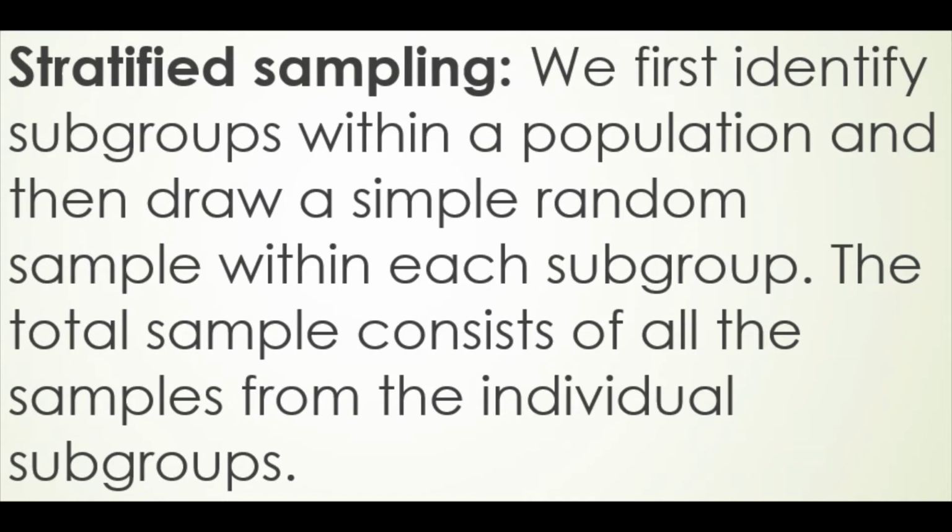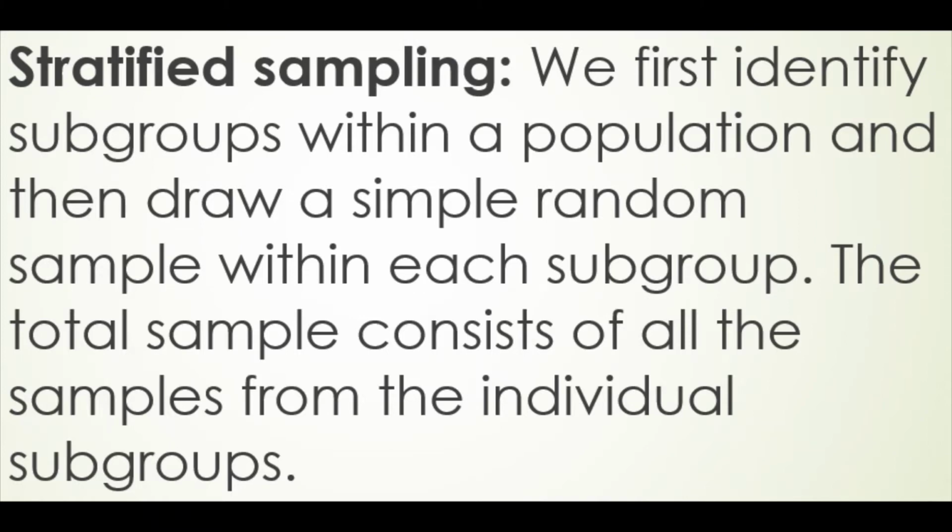And finally, stratified sampling. With stratified sampling, we first identify subgroups within a population and draw a simple random sample from within each subgroup. The total sample consists of all the samples from the individual subgroups. We would do this if we're concerned about making sure that our sample gets some specific subgroups within our population.